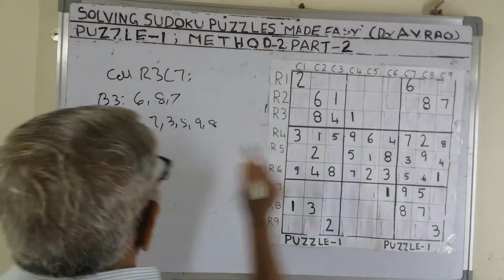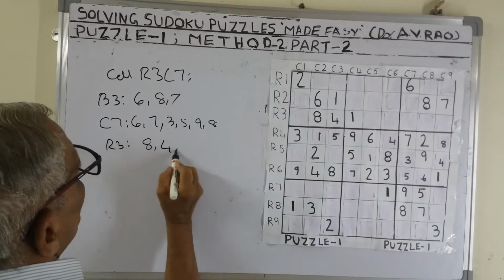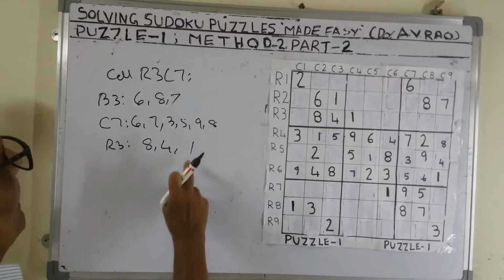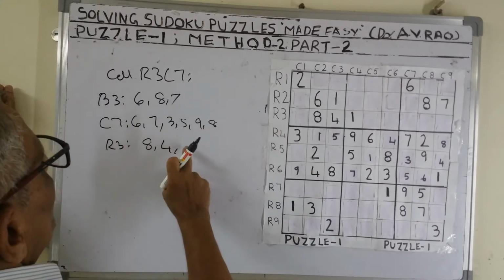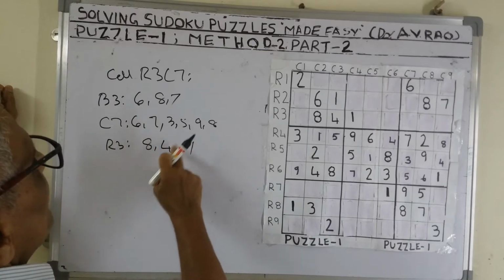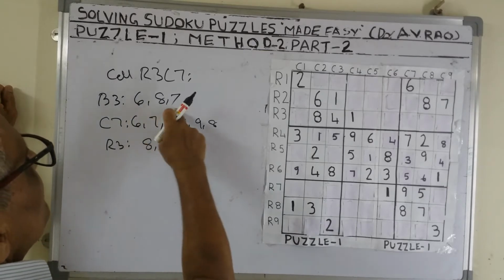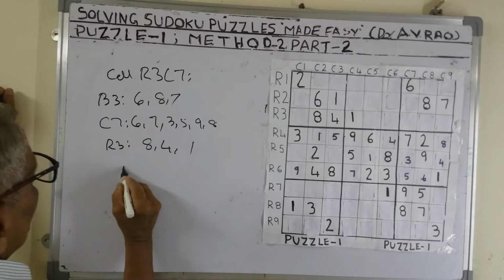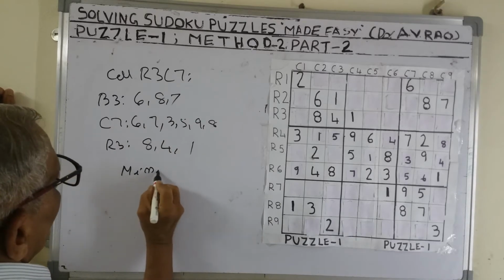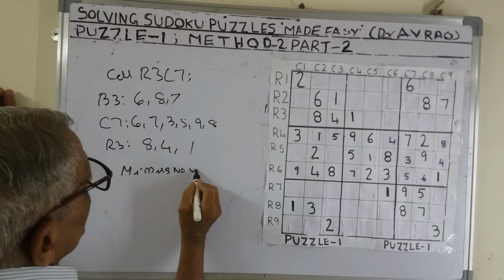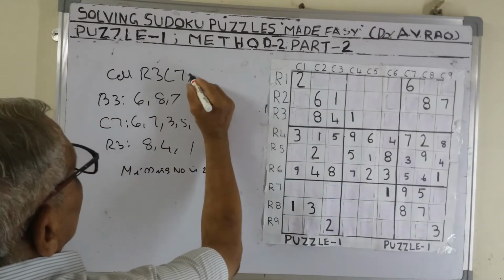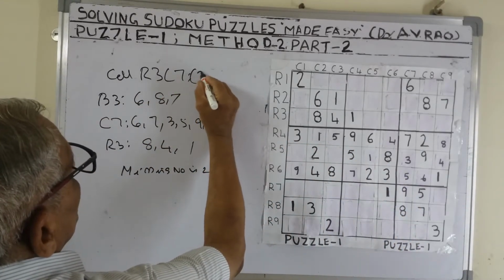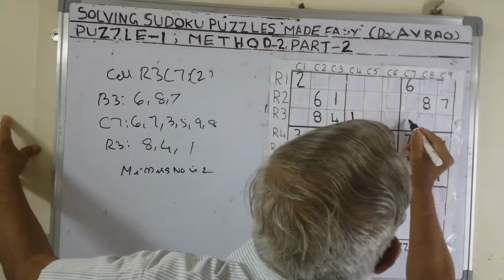In R3, what are the numbers? 8, 4 and 1. So let us see. 1 is there, 2 is not there, 3 is there, 4 is there, 5 is there, 6 is there, 7 is there, 8 is there, 9 is there. So the missing number is 2. So this cell R3C7 becomes 2. Let us fill 2 here.